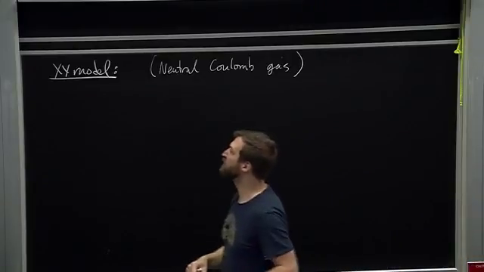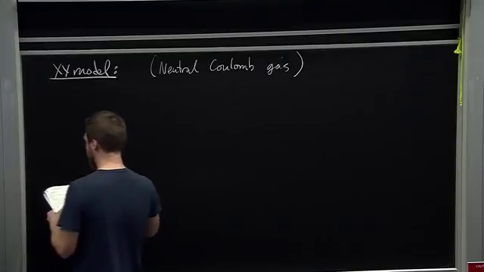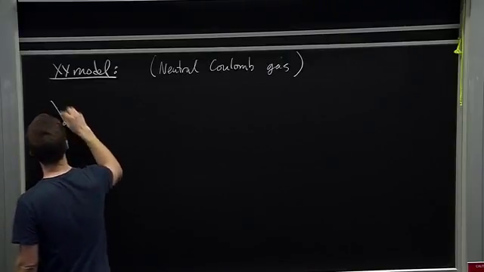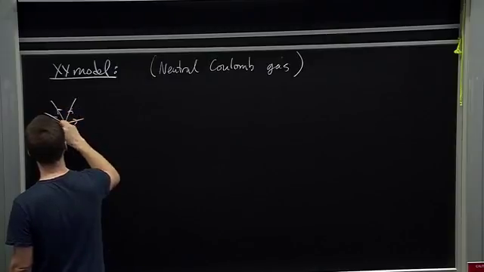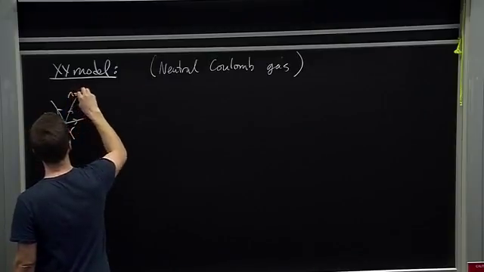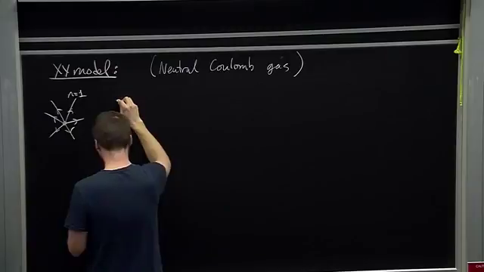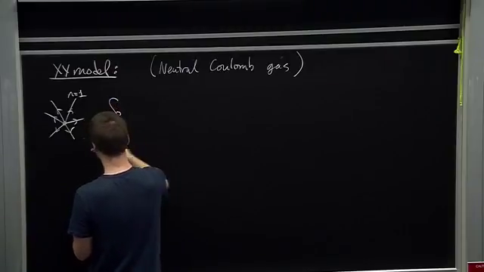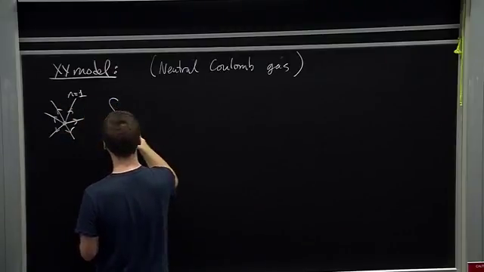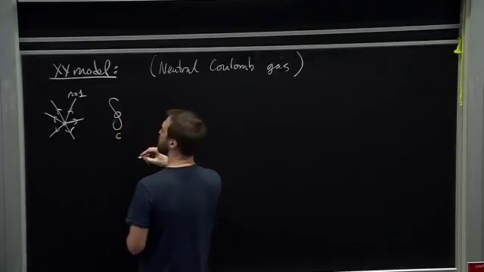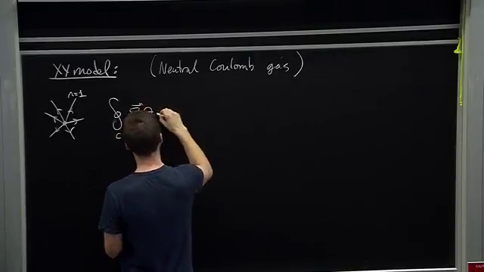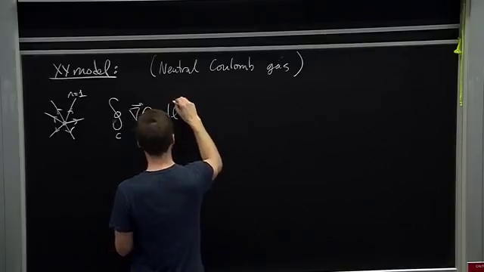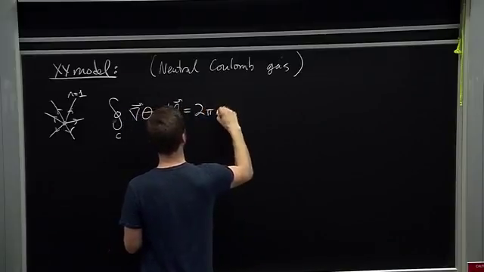Okay, let's start from our definition of a vortex. Simplest case, n equals 1. If I take a contour integral anywhere such that the core is inside the path, then it gives 2 pi n.